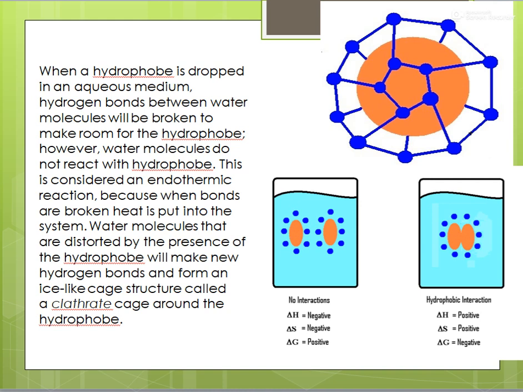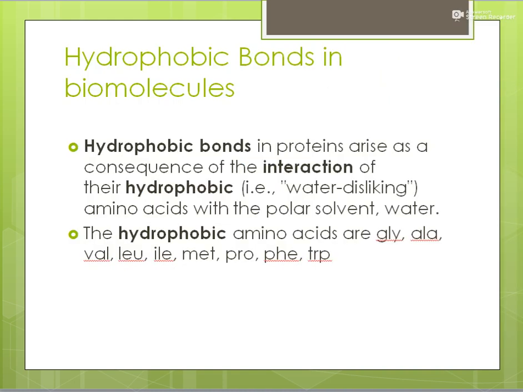So what are these hydrophobes? As I mentioned earlier, these are regions which do not have much solubility in water, and are considered water-hating substances. Now consider hydrophobic bonds in biomolecules.